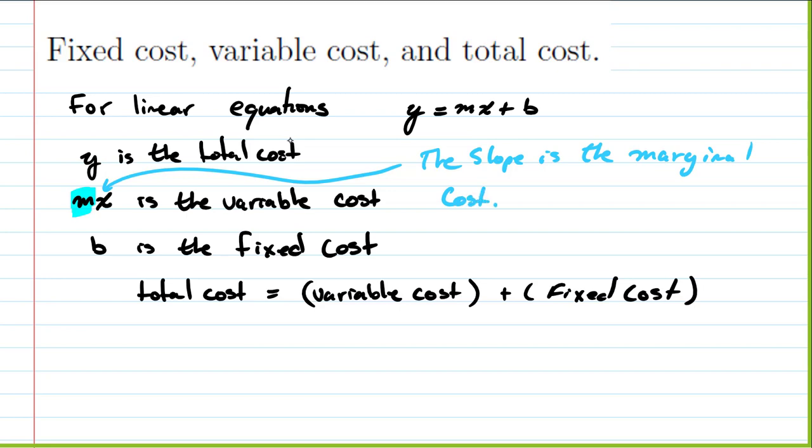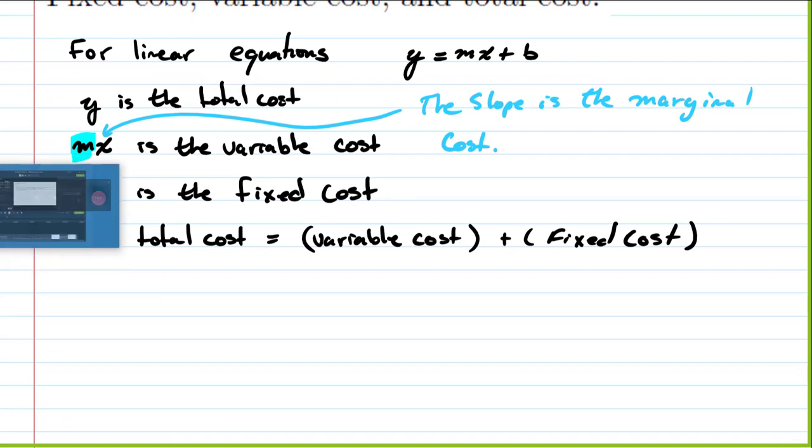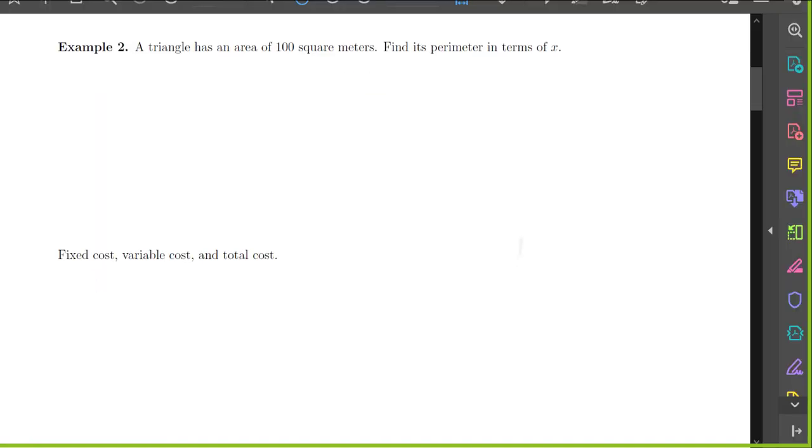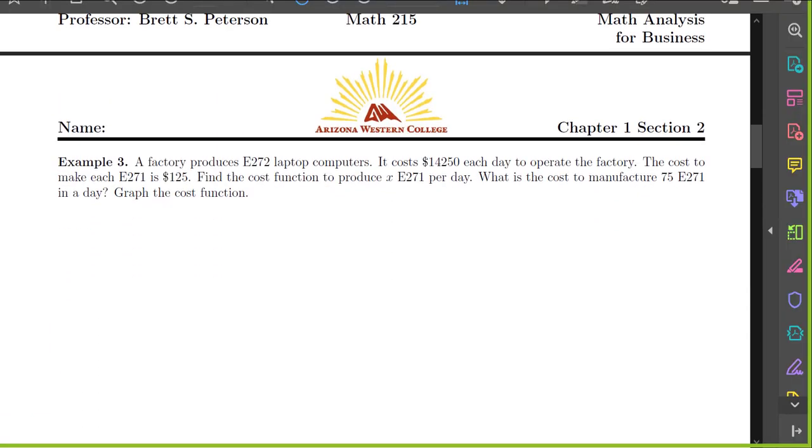All right, so let's use this and take a look at example number 3.